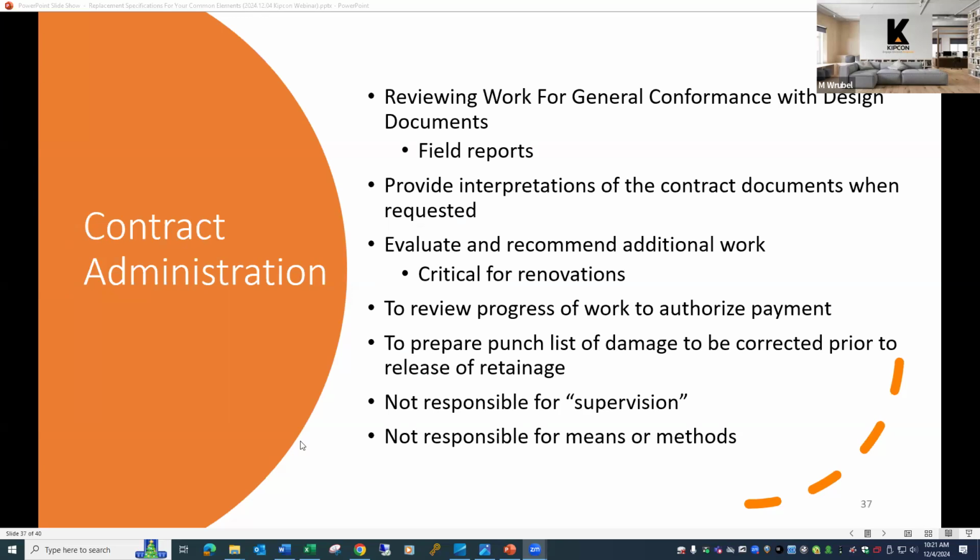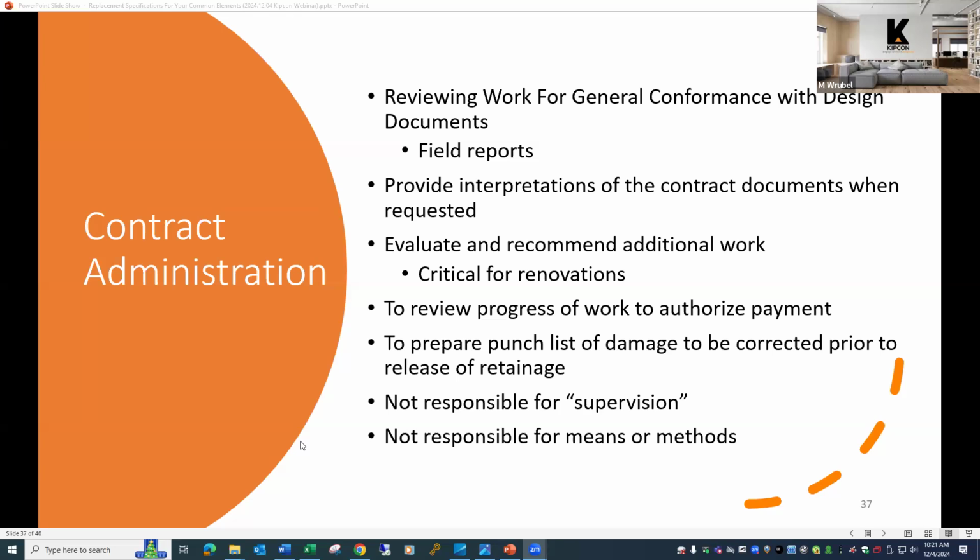For other projects, the services may entail the engineer visiting the site at key points along the construction pathway to ensure that things are being constructed properly. So this might be during times when certain elements of the construction would be revealed. In the case of pavement, you want to be there when that base course is exposed, so you can walk with the contractor and mark any areas that may need to be repaired.